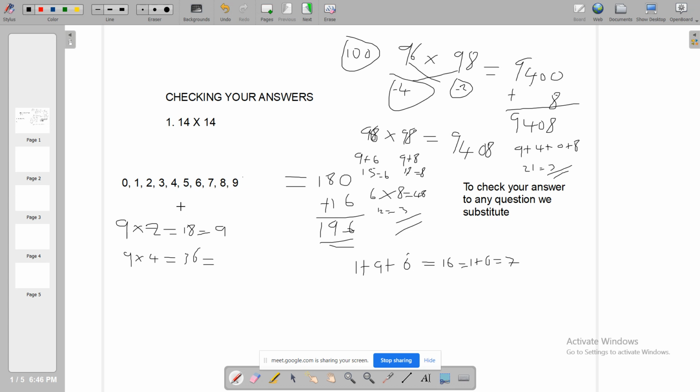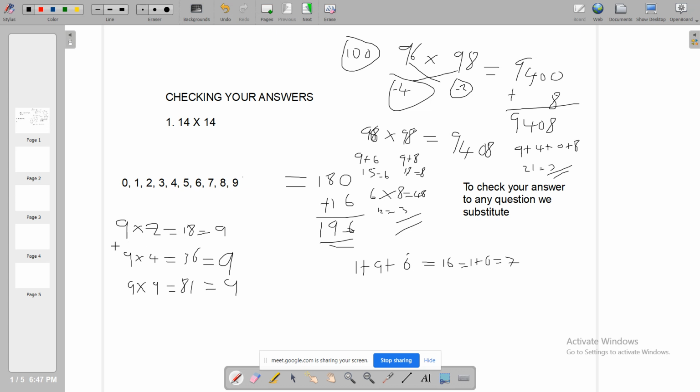Which is 9. Any number you pick, let's say 9 times 9. 9 times 9 is 81. When you find the substitute for 81, it is 8 plus 1, which equals 9. So 9 is a repetitive number.